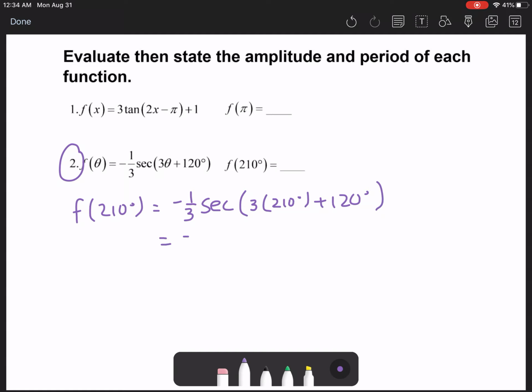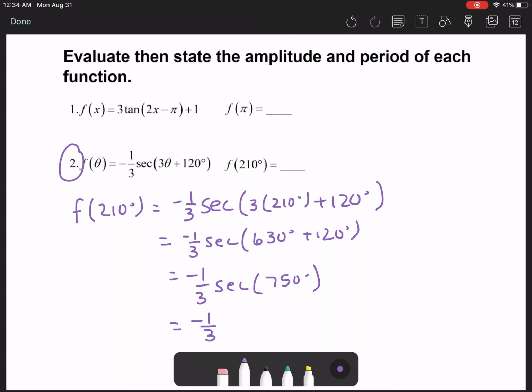Inside those parentheses, we're going to do 3 times 210, which is 630 degrees. Then we're going to add those, and we get 750 degrees. If we find the coterminal angle, we would subtract 360 and then subtract it again. So we're subtracting 720. We would get 30 degrees.